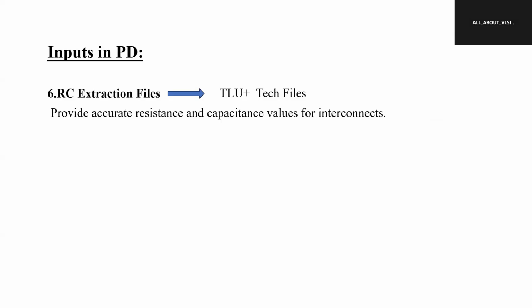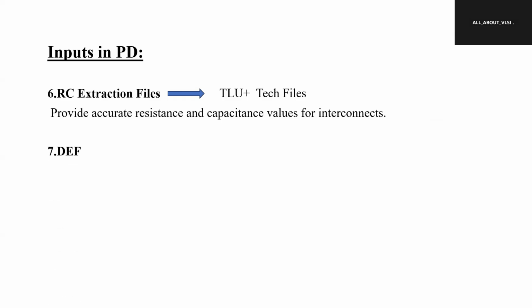When you are placing metal layers side by side, we need to have an idea about the coupling capacitance value and the metal layers' sheet resistance value. All these things come under this RC extraction file.